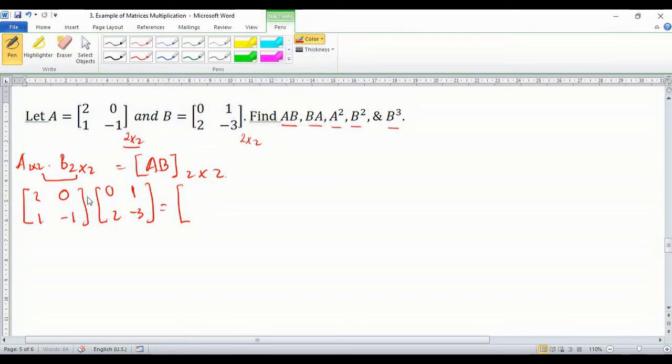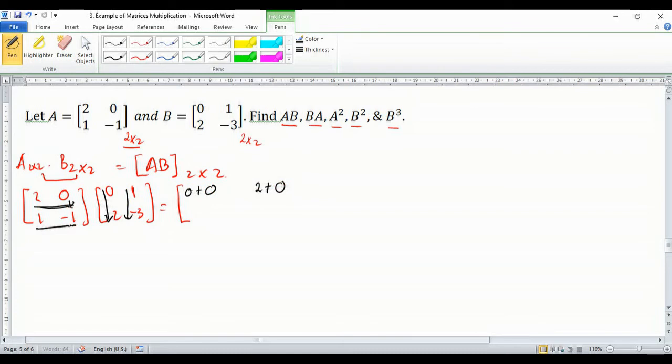So first row times the first column: 2 times 0 is 0, plus 0 times 2 is 0. And then the first row times the second column: 2 times 1 is 2, plus 0 times minus 3 is 0, so 2.